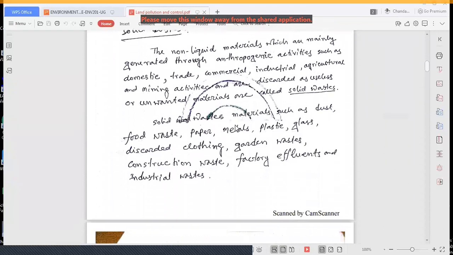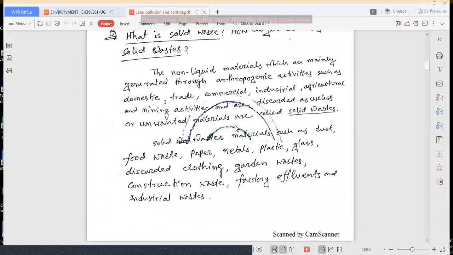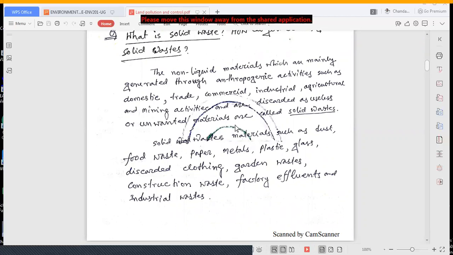Next, what is solid waste? And how do we classify solid wastes? Solid wastes mean the non-liquid materials mainly generated through anthropogenic activities such as domestic, trade, commercial, industrial, agricultural, and mining activities, which are discharged as useless or unwanted material.